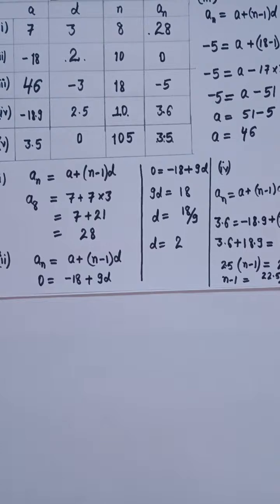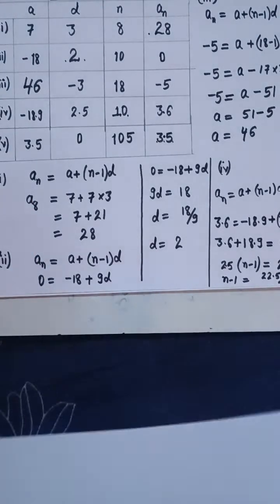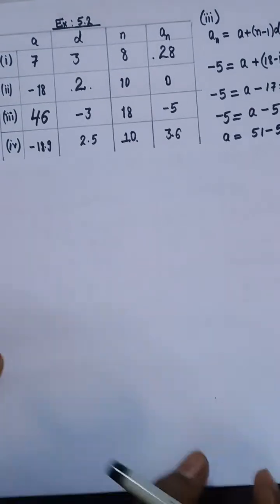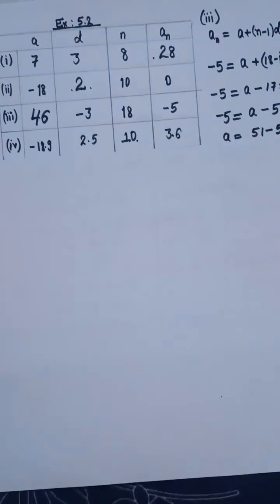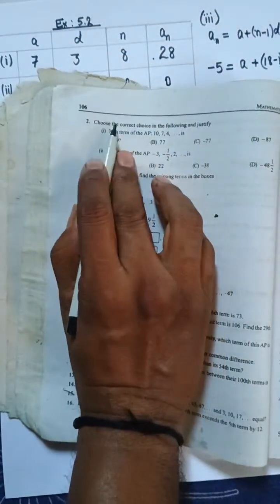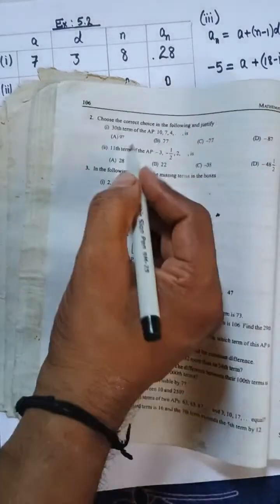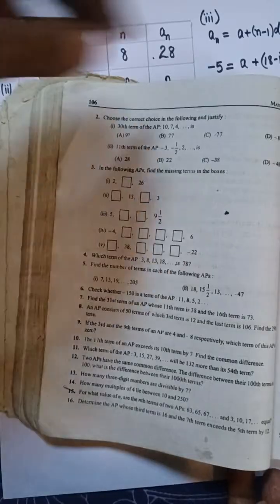So we'll just apply the formula and we can get the 30th term of the given AP. Let's solve here. This problem is given here. Choose the correct choice in the following and justify it. The 30th term of the AP 10, 7, 4, and so on, we need to find this.